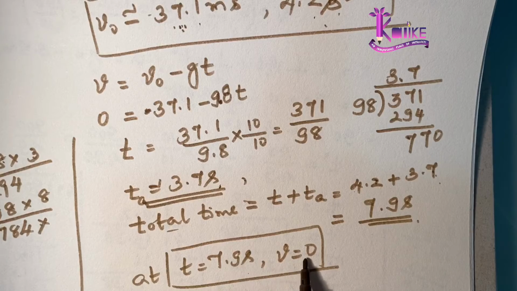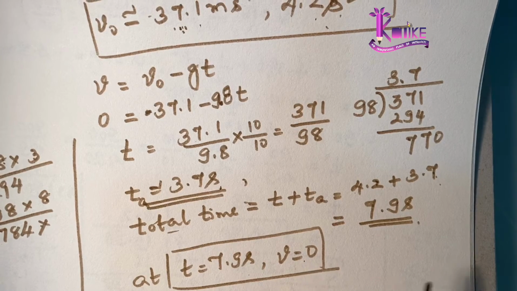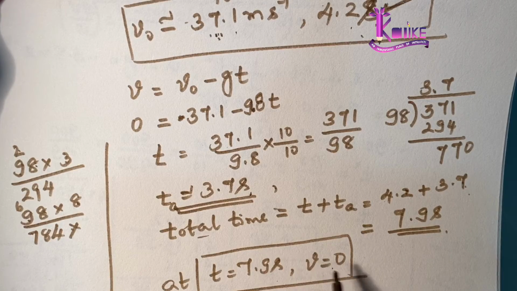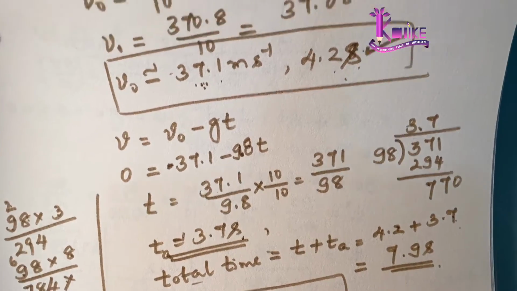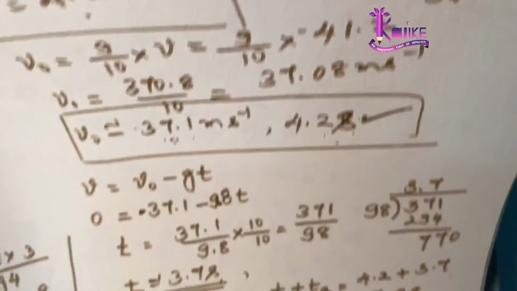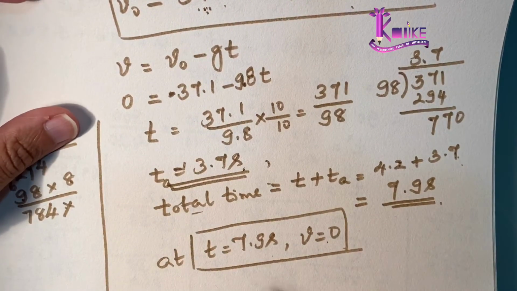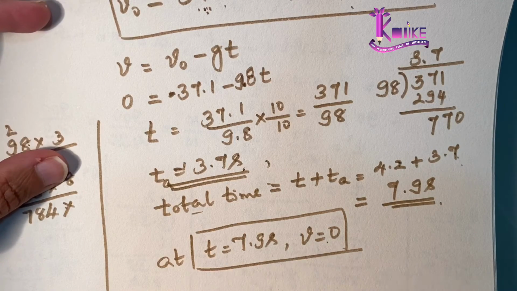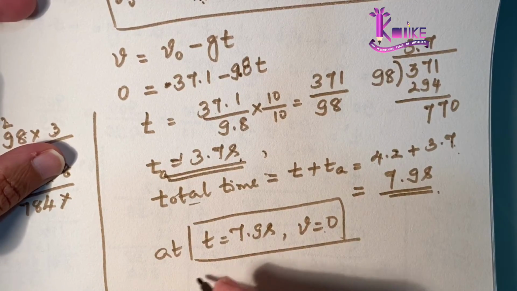And at 7.9 seconds v is equal to 0. Remember, you were asked to plot the graph for a time interval between t is equal to 0 to t is equal to 12. Now I have to just calculate it for 12 seconds. So therefore, now it takes almost the same time to strike back from the main height.